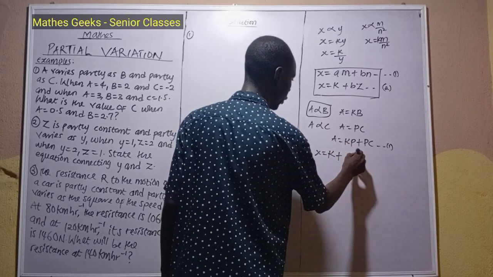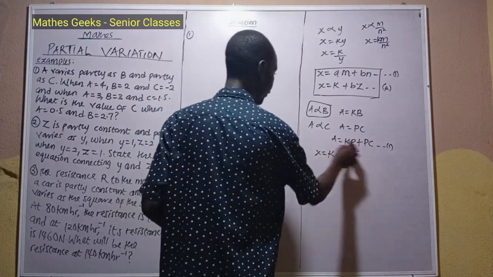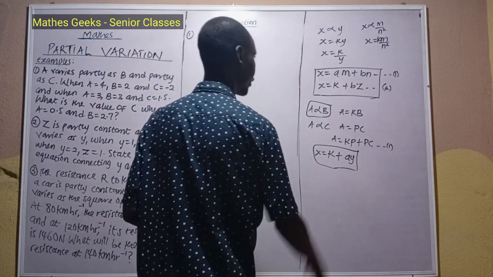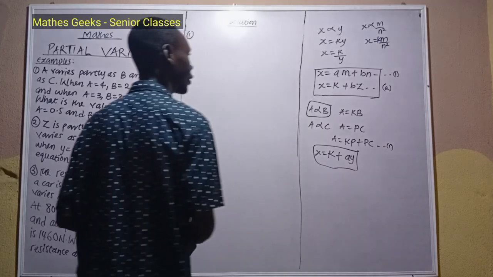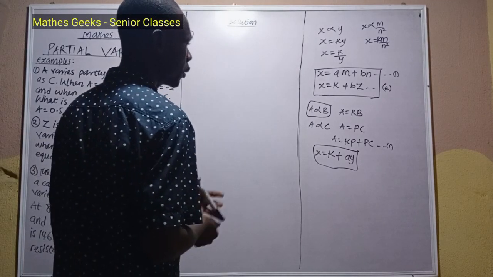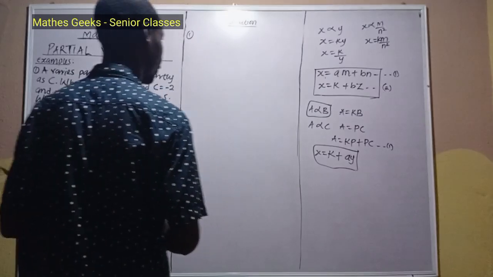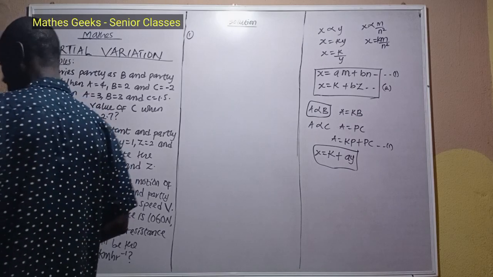So let's say ay. So a and k are both constants. These are two forms of partial variation, and to get the values of k and a, you need to solve simultaneously, and it depends on you whether you want to use either the elimination method or the substitution method. So just put this at the back of your mind and let's proceed.